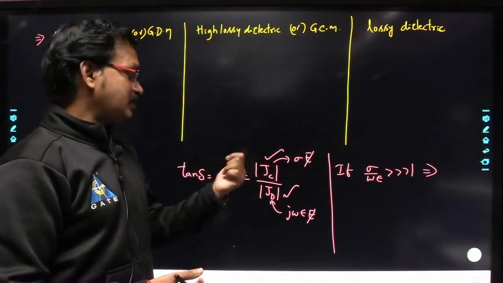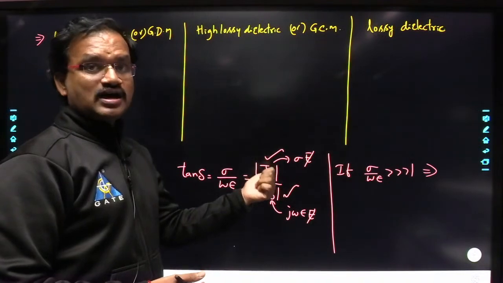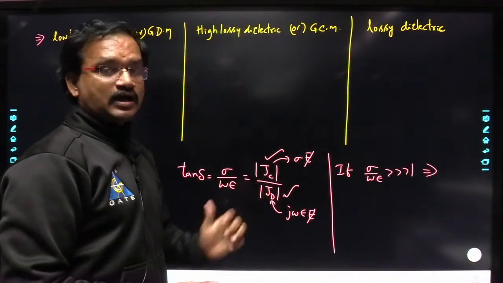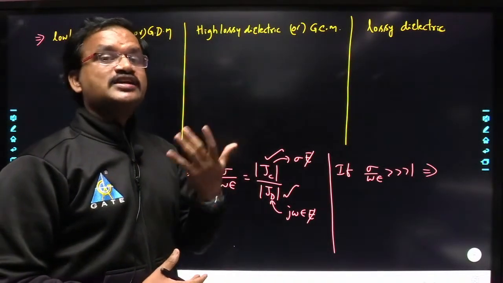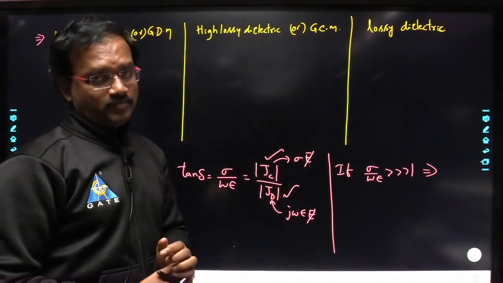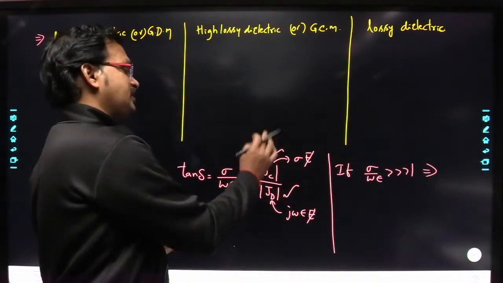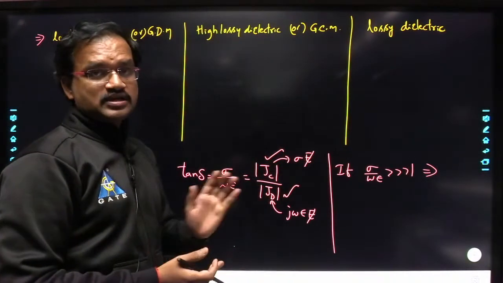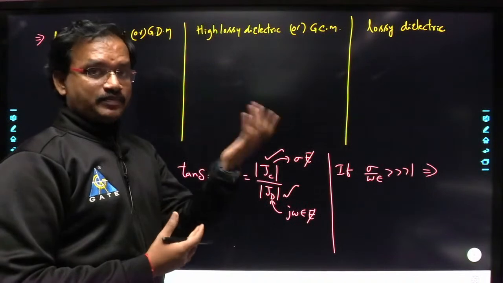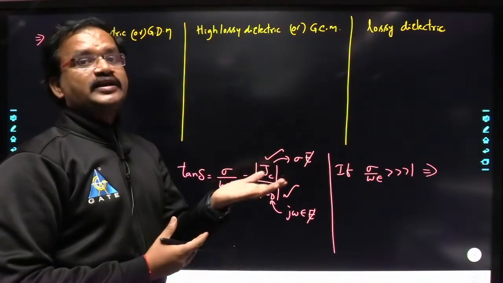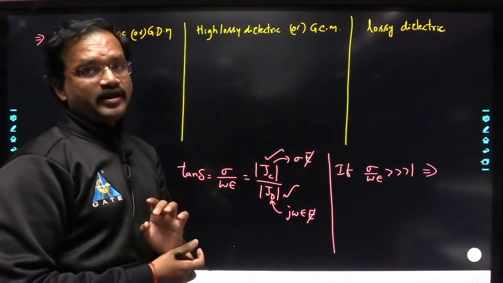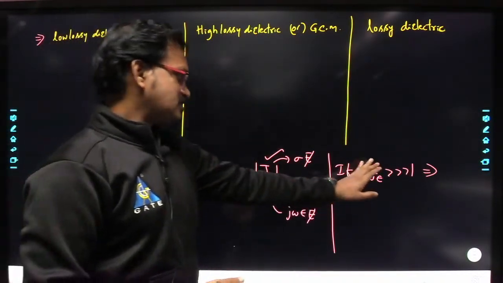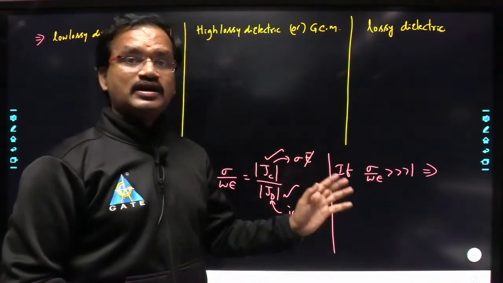The conduction current density is associated with the conducting nature of the medium, and the displacement current density is associated with the dielectric nature of the medium. Understood? So if conduction currents are more than displacement currents, then the conducting nature is dominating over dielectric nature, and sigma by omega epsilon becomes far greater than 1.